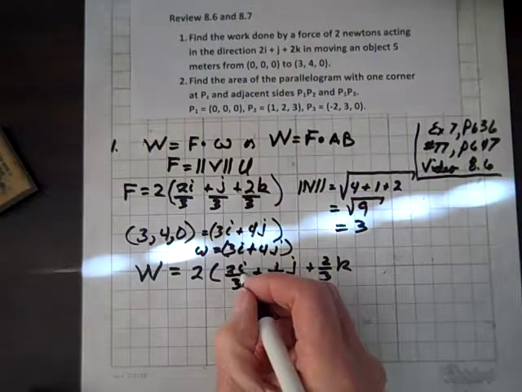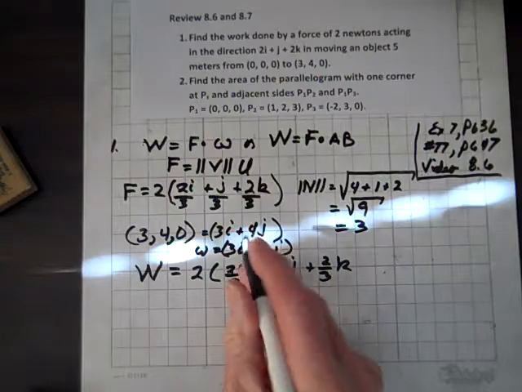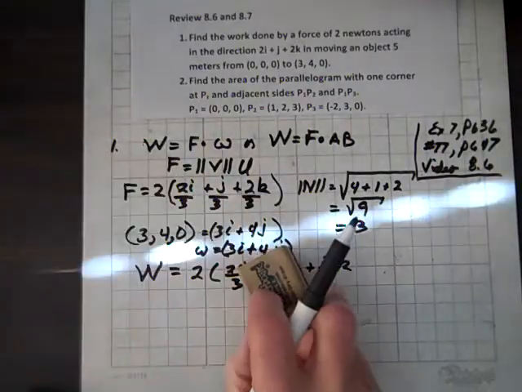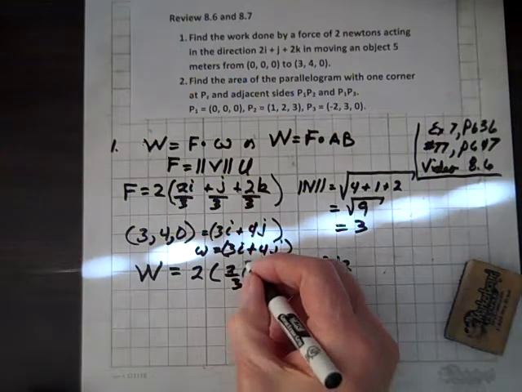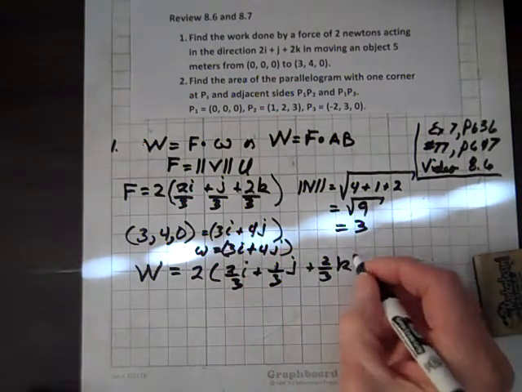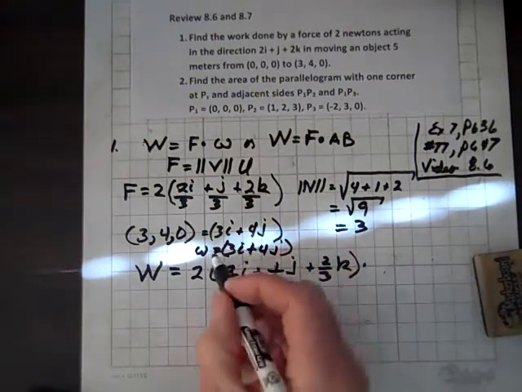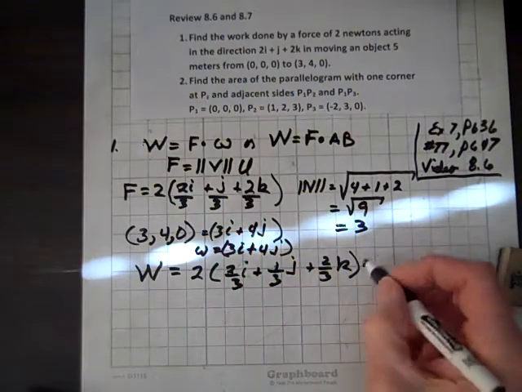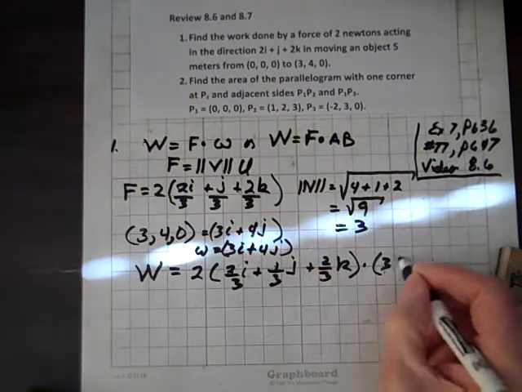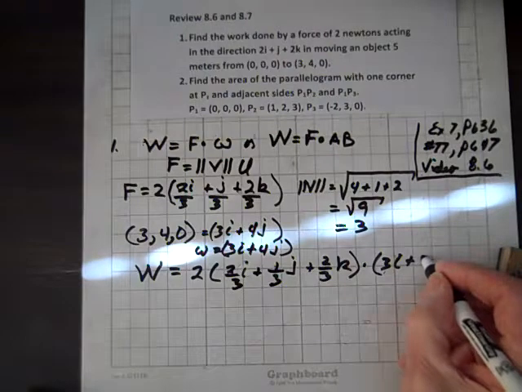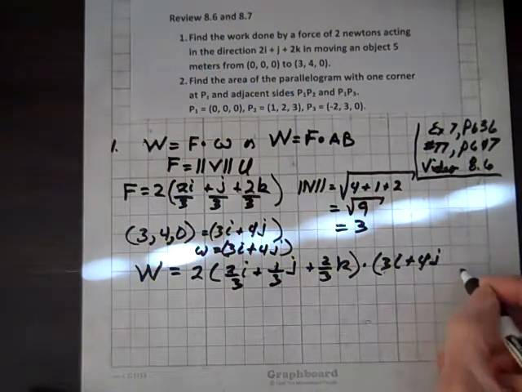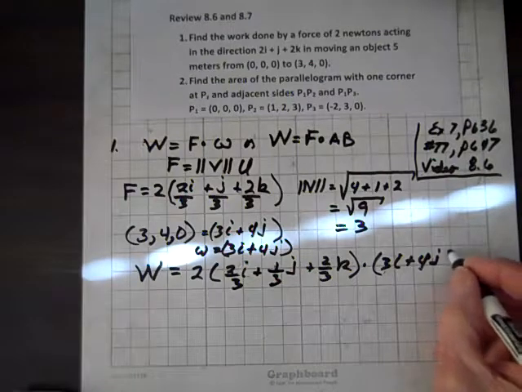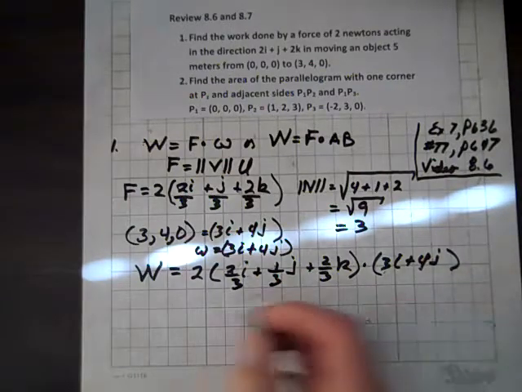I could have put this i in the numerator or put it alongside. Why don't I do that, to be consistent. Okay, we don't want to cause confusion. All right, now we're going to dot that with omega here. And that's 3i plus 4j plus 0k. But 0 times k is 0, so we don't have to show it.